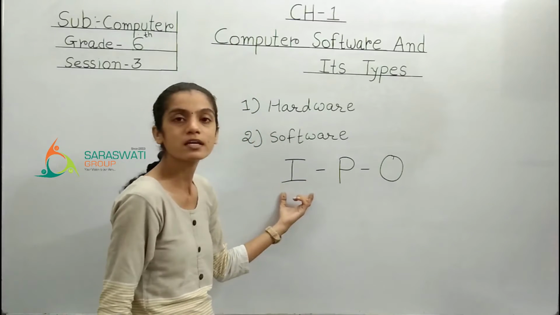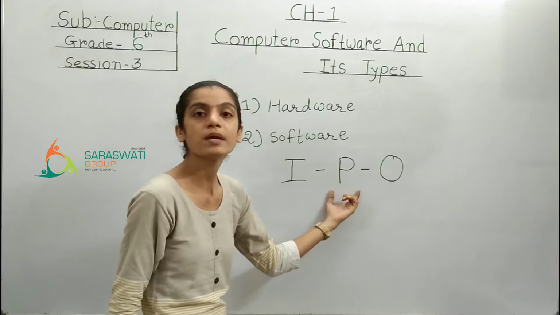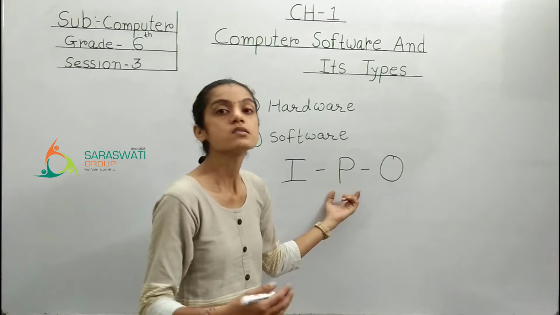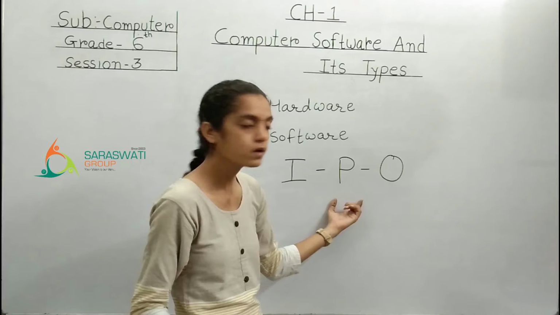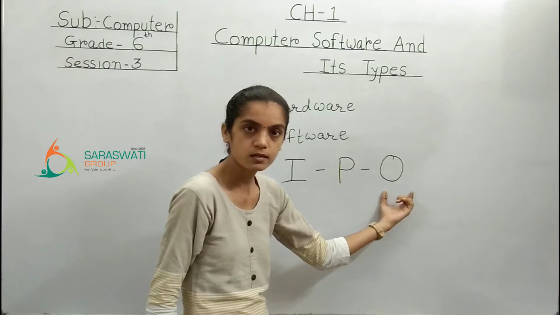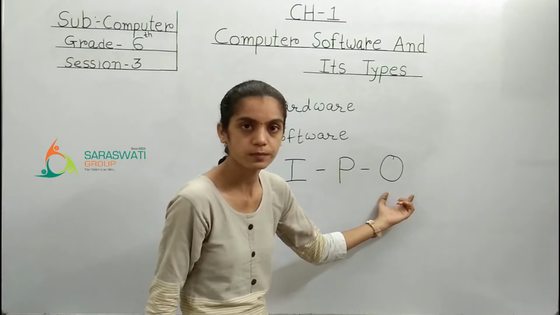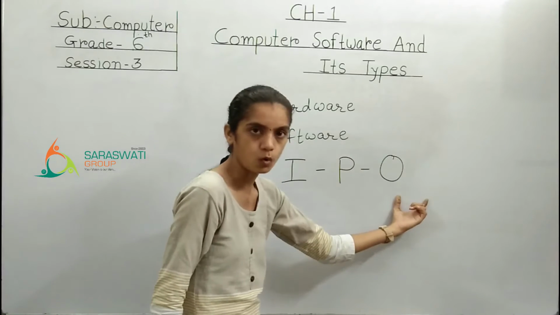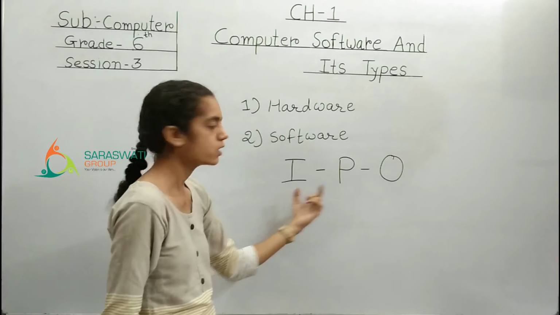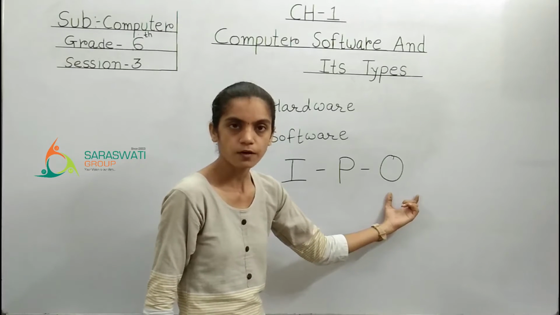So when you give data, when you input data, the process will be done in the CPU. After that process is over, you can see the result. That result is known as what? Output, right? So this is known as IPO: input, process, output, right?